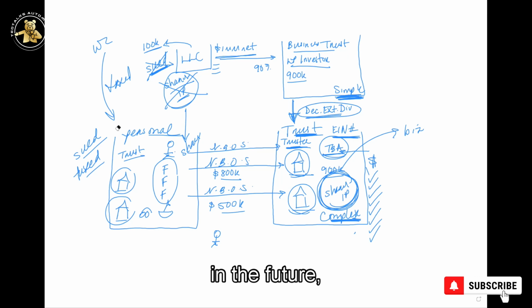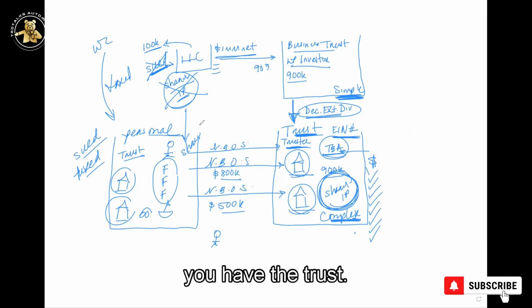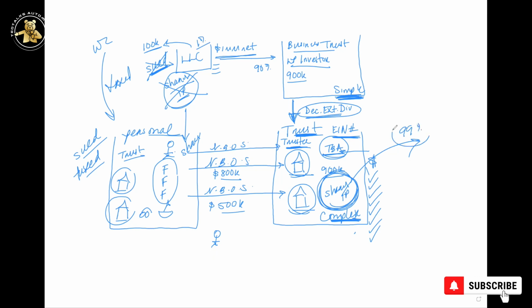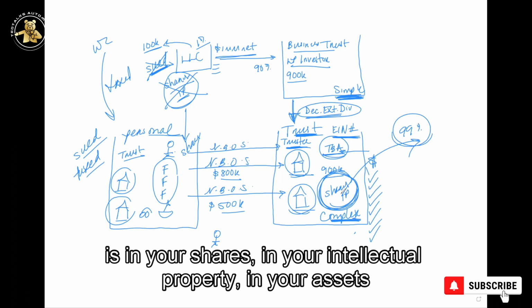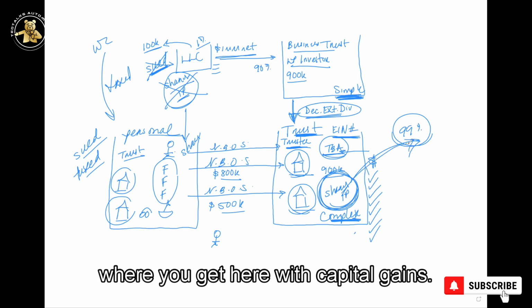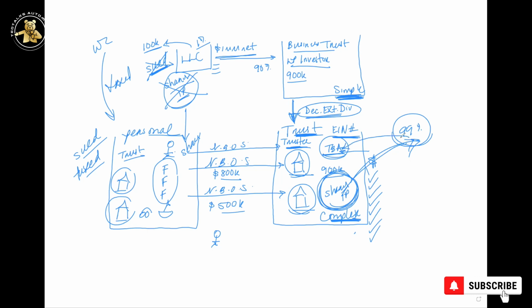And in the future, when you get ready to sell your business, you have the trust. So 1% is what? The EIN number. 99% is in your shares and your intellectual property and your assets for the business. So this is where you get hit with capital gains. But if you have the trust sell it on your behalf, all those capital gains are deferred.